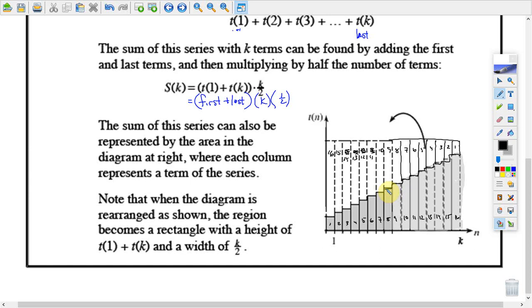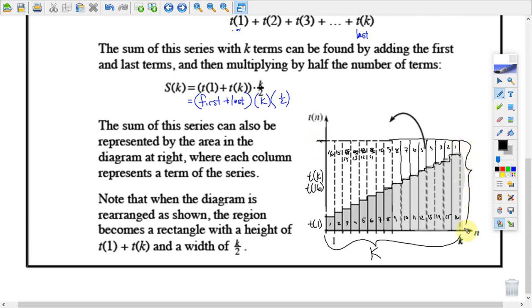Rectangles are really easy to find the area of, right? For rectangles, we just need the base, which in this case is k, and the height, which is going to be t of 1 plus t of k, and in this particular instance this would be t of 16. If we add those two heights, we get the height of the rectangle.